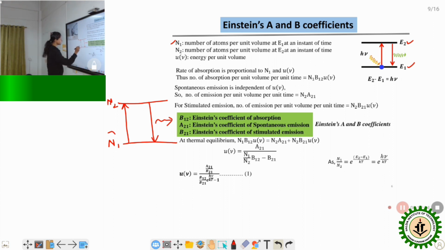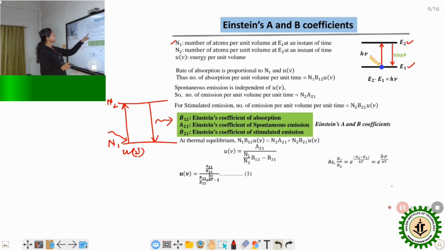And this is the incident radiation, which is a function of U. So this is the energy density, that means the energy incident per unit volume.